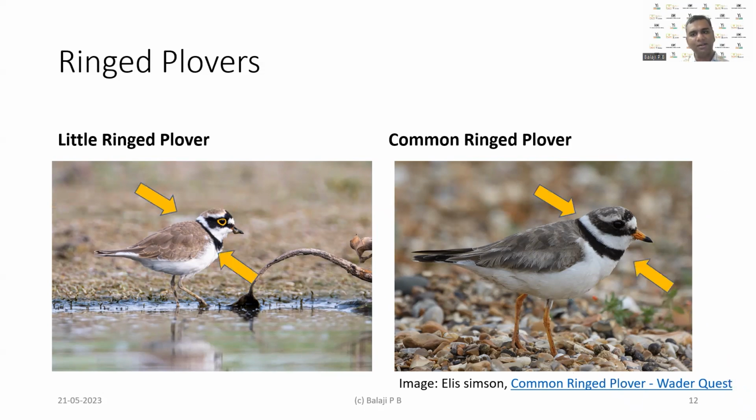Both the birds have unbroken breast band also. The only difference between the two species in the field is that the little ringed plover will have a yellow eye ring, whereas it is absent in the common ringed plover. So this is the main difference between the two species.